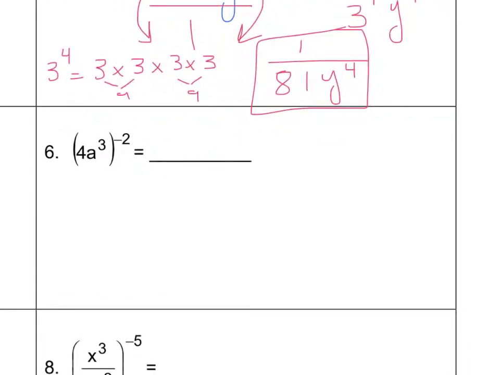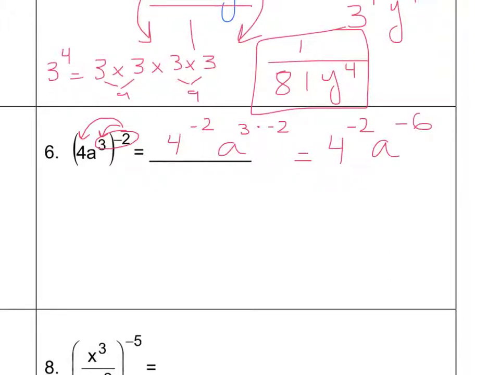The same concept. You have to distribute the negative 2 to each one in the parentheses. So it's going to be 4 to the power negative 2. And since a already has a power, you need to multiply the powers. So it's 3 times negative 2. So it would be 4 to the negative 2 and a to the negative 6.